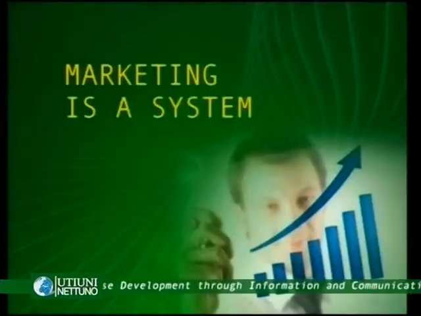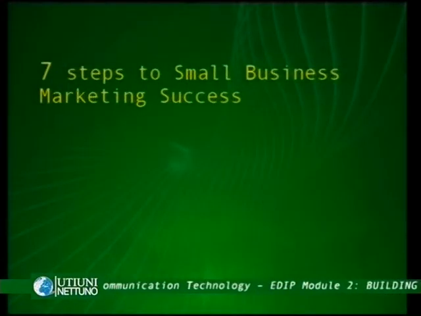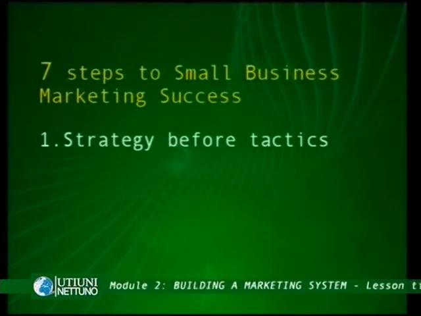Now, if you recall, our marketing is a system. It has to be done in a systematic way. And that system comprises 7 steps. 7 steps to small business marketing success. The first step was strategy before tactics.